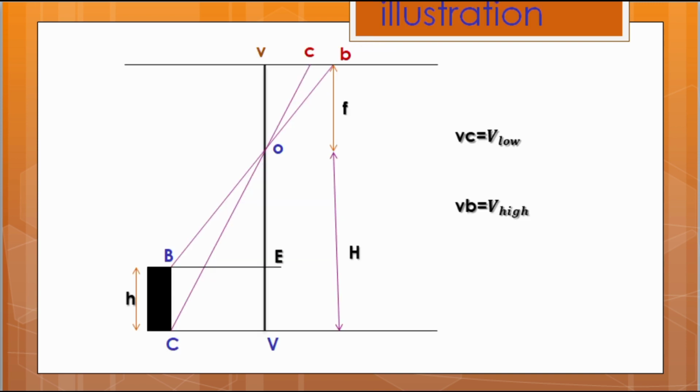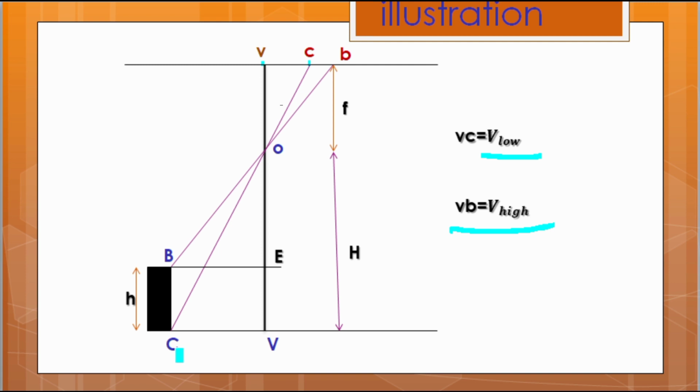I went ahead and did a small illustration. This is the building. This is where the aircraft was flying. Here we have the focal length F, and capital H is the flying height. I have illustrated both distances: small vc, that is the V low, and small vb, that is the V high.